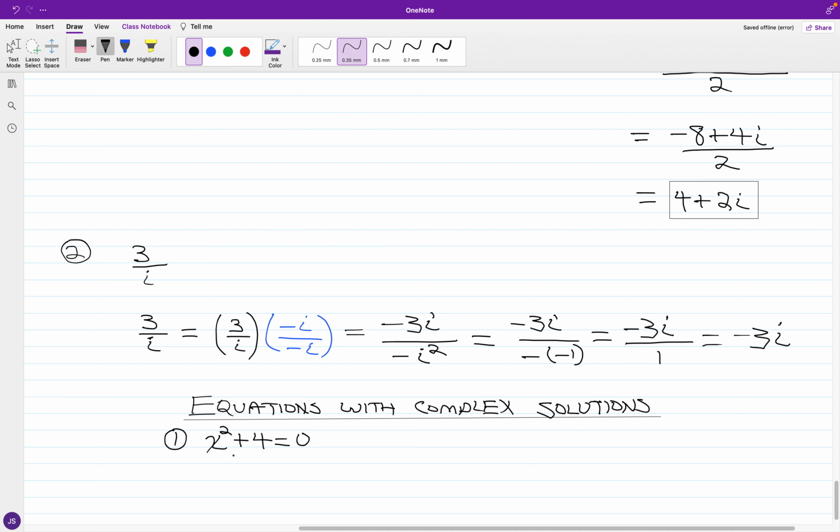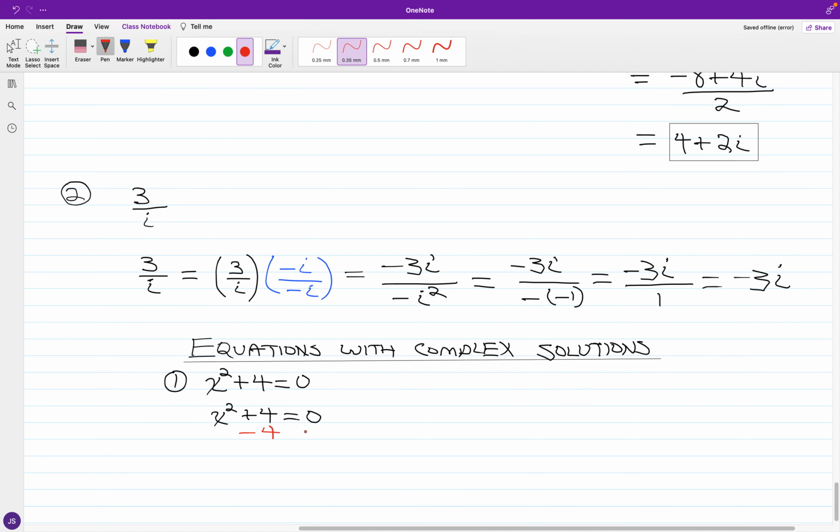But with x squared plus 4 as a sum of squares and not a difference of squares, I cannot factor into real integer terms. So for x squared plus 4 is equal to 0, I'm going to separate the x squared apart from 4, subtracting 4 from both sides, and we have x squared is equal to negative 4.